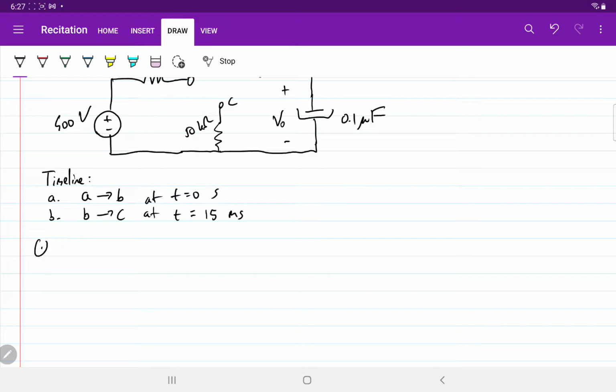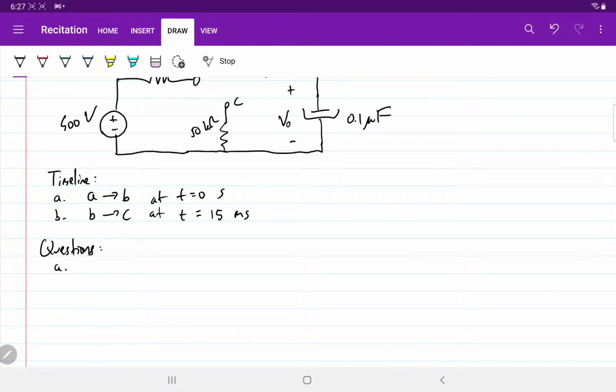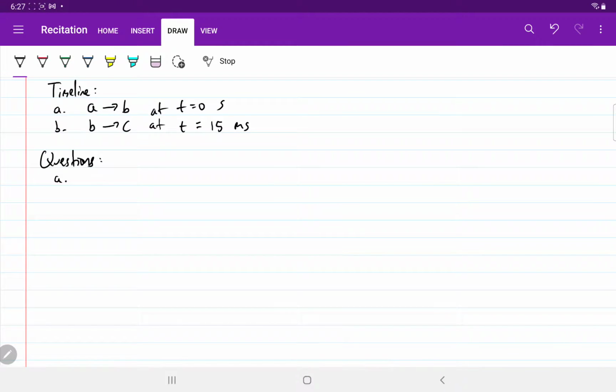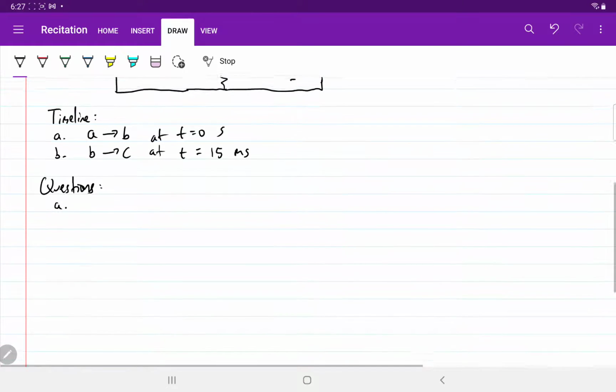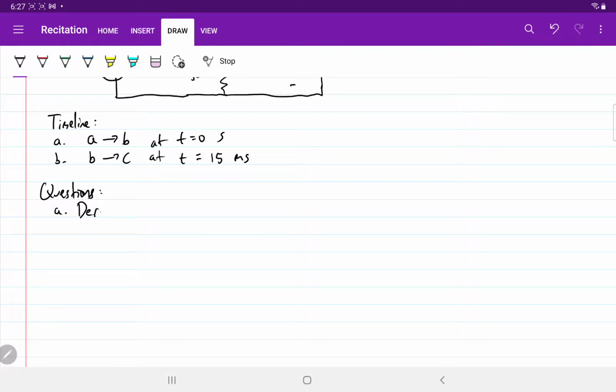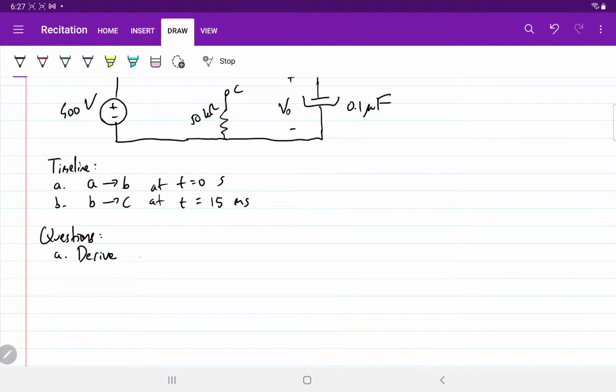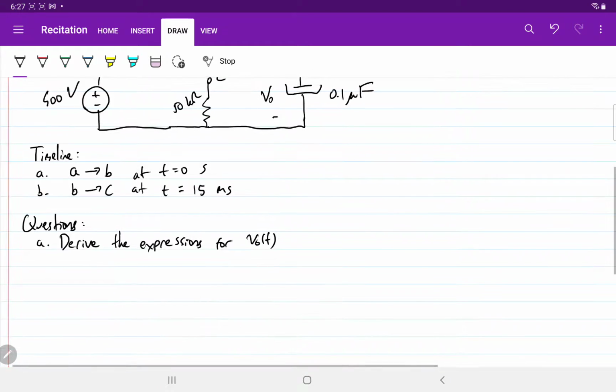And questions. Question A is derive the expression or expressions for V0 of t at all times.